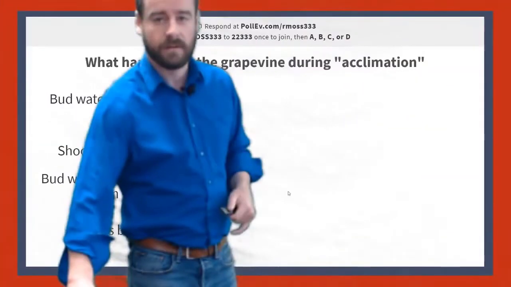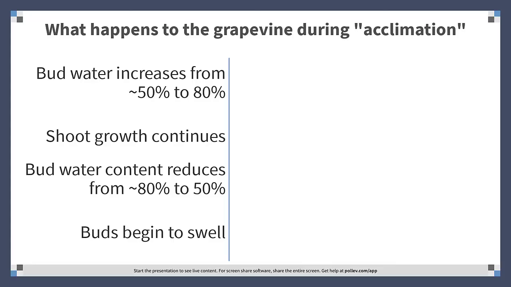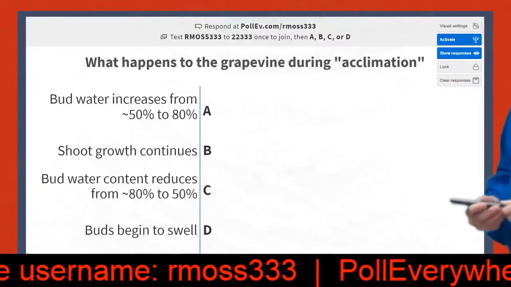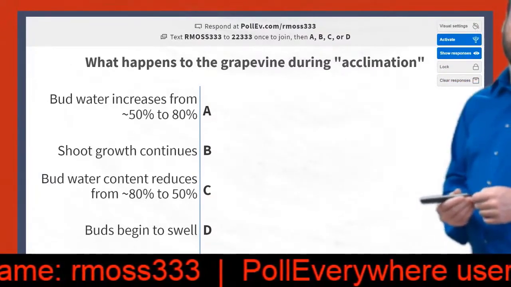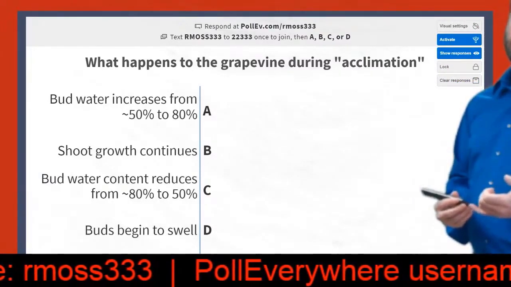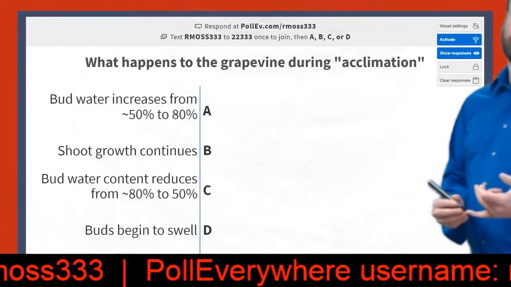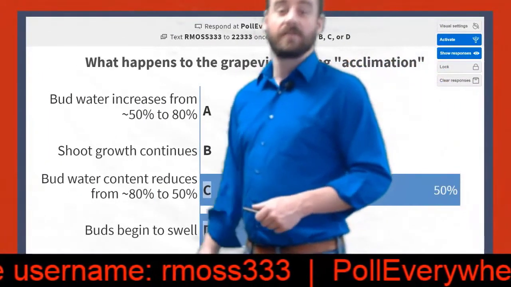What happens to the grapevine during acclimation? Bud water increases from 50 to 80%. Shoot growth continues. Bud water content reduces from 80 to 50%. The buds begin to swell. Bud water content reduces.